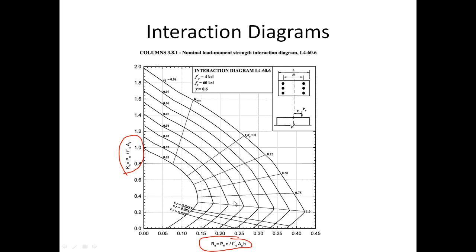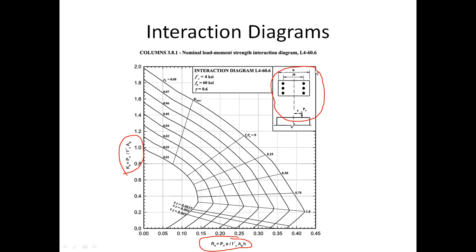The next thing I would tell you to notice about the interaction diagram is that each interaction diagram is set up for a particular type of column. Again, this is keeping in line with the generic nature. They're not going to say, hey, this is an interaction diagram for a rectangular column 12 inches wide and 20 inches deep.